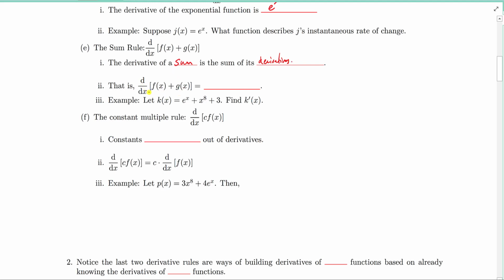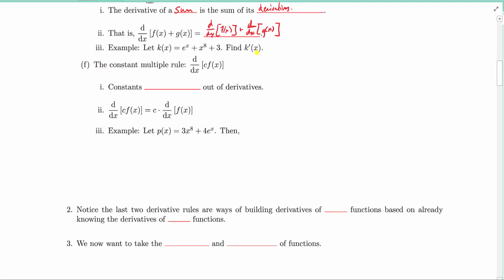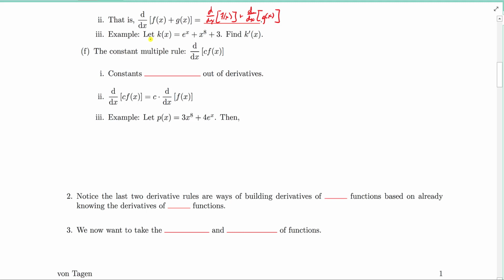So if you're asked to find the derivative of a sum of two functions, you could just compute the derivative of the two components. I'll let you do number 3 here, find the derivative of the sum of 3 functions. Of course, you just take the derivative of each of the terms. But again, make sure you're writing out k prime of x and stating what those are.